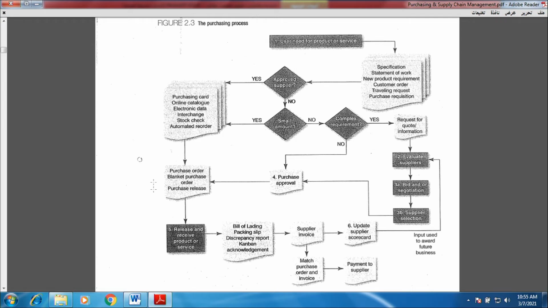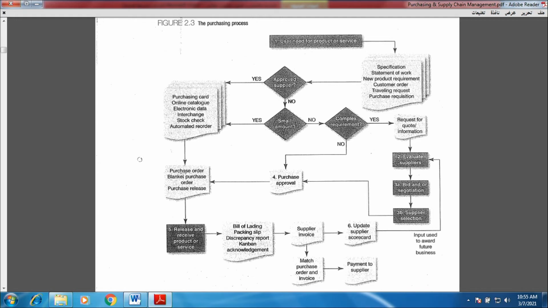So we think about the documents in that stage: purchase orders directly from our department to the suppliers, or sometimes what we call a blanket purchase order. A blanket purchase order is an order from an organization to a supplier for a certain amount of commodities, with all required specifications, the quality, the price, the timing, everything.